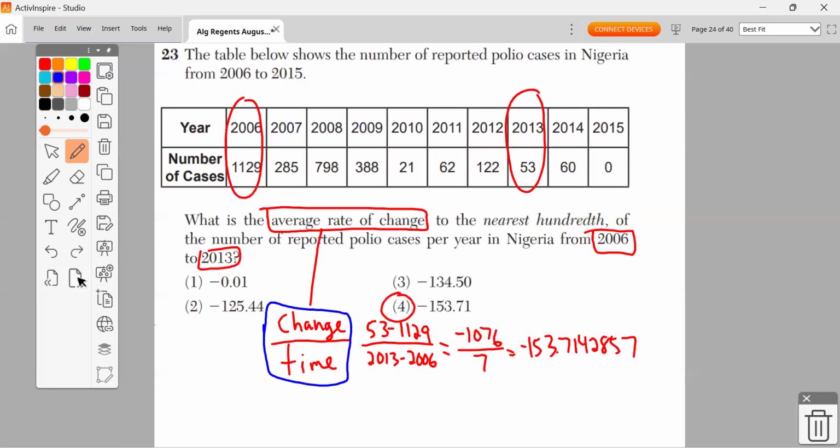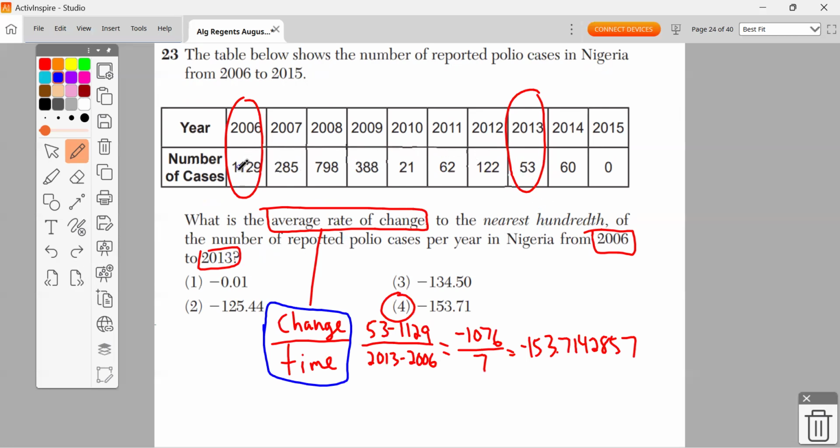In question number 23, what is the average rate of change? How you find the rate of change is the change divided by time. So how much did it change over what period of time? Well, how much did it change going from 1,129 to 53, because we're going from 2006 to 2013. How much did it change?